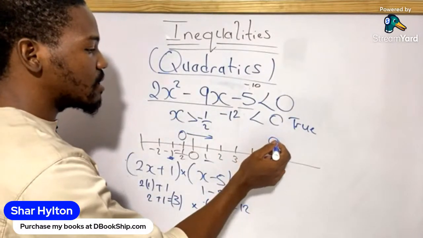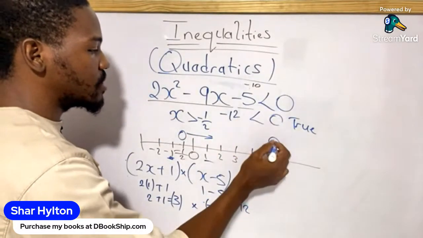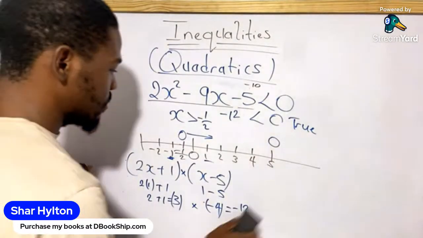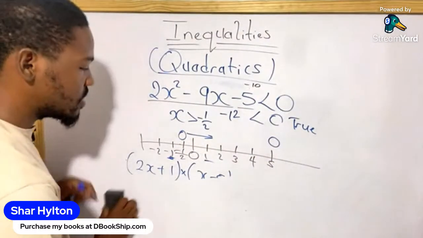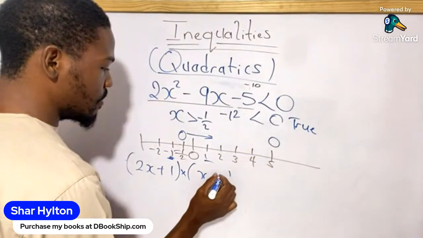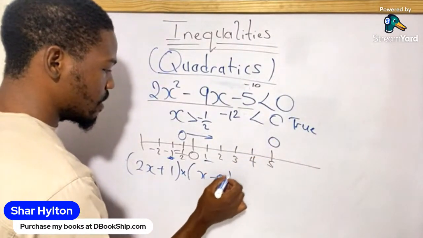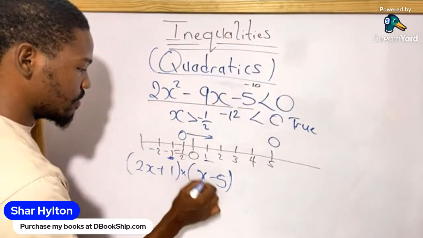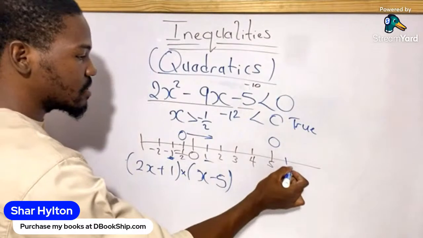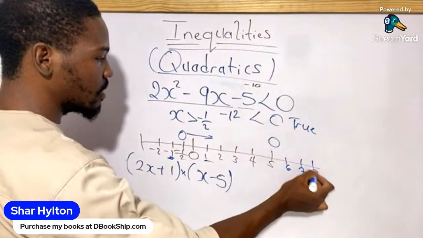Now we also have to figure out the range of values for the other part. What are my numbers coming from here? So for example, we also have 6, 7, 8.